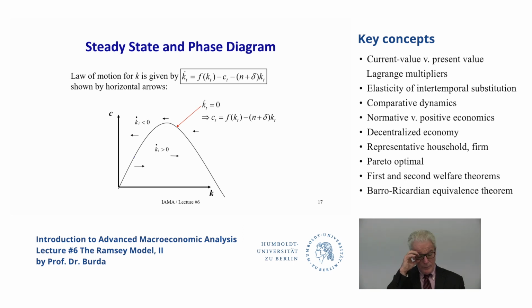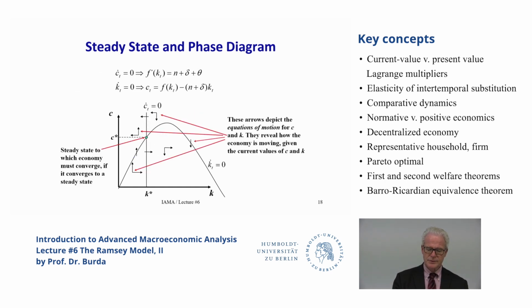So what does this imply? This implies both of our equations of motion have to be operative at any point in time. So every point in that CK diagram in the positive orthant has to be associated with 2 arrows, and the sum of those 2 vectors will give rise to motion in the next instant of time.